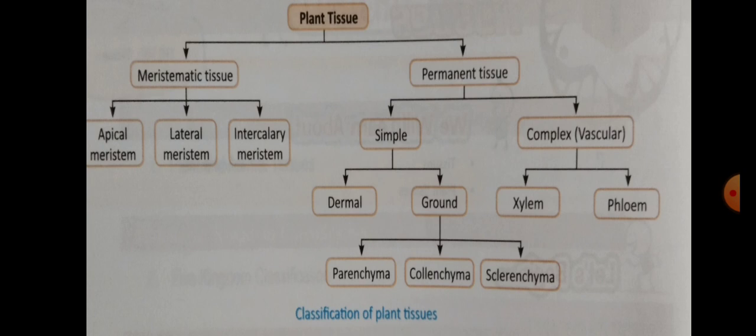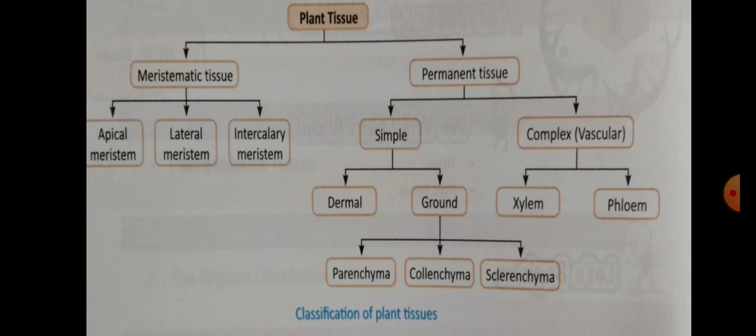Permanent tissue is divided into simple and complex, that is vascular. Further, simple is divided into dermal and ground tissue, and complex is divided into xylem and phloem tissues, which are called vascular tissues. Ground tissue again is divided into parenchyma, collenchyma and sclerenchyma.